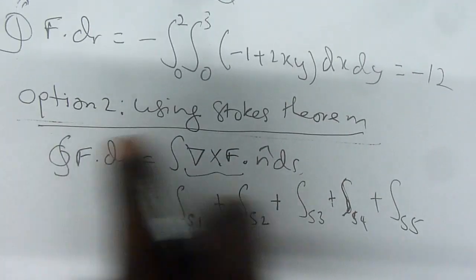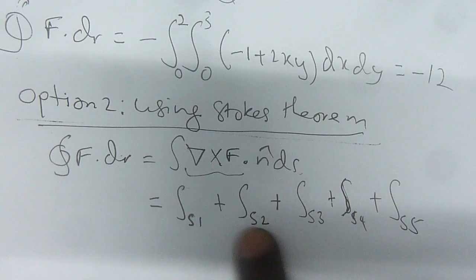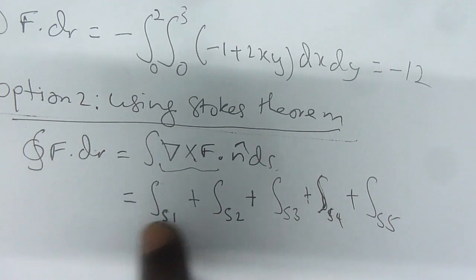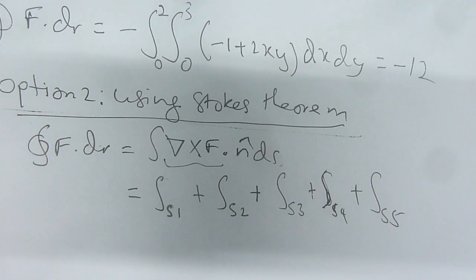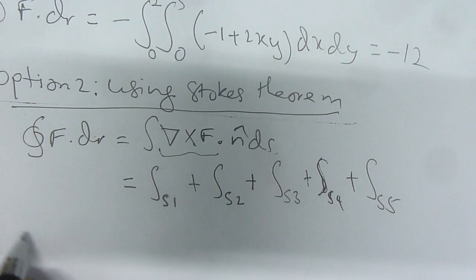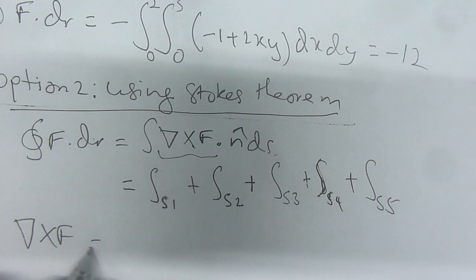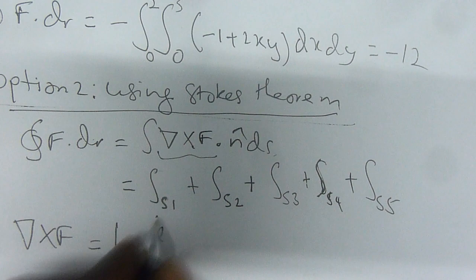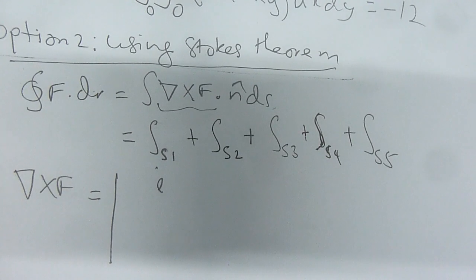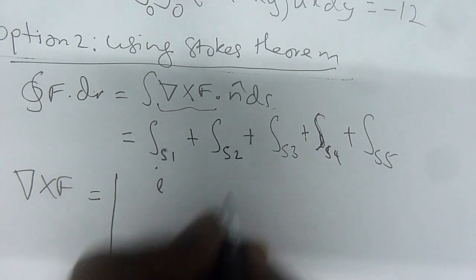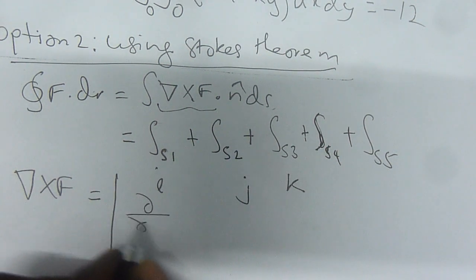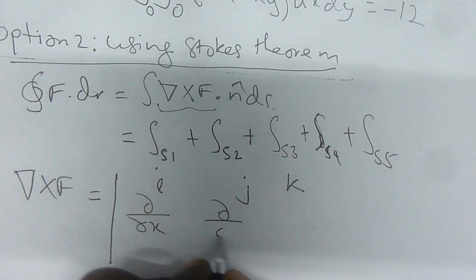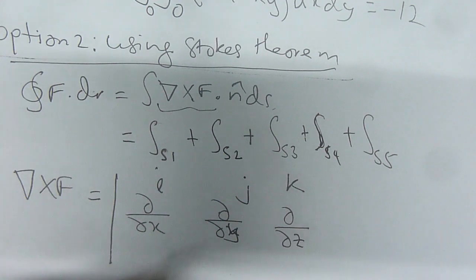Now we're going to use Stokes' theorem, finding the 5 segments. Let me show you one by one. First of all, curl F. How to write this? i, j, k, del x, del y, del z.